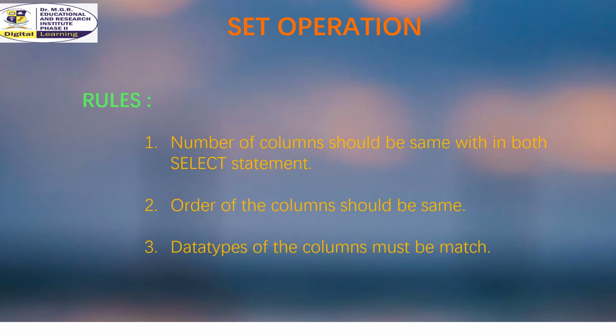While using the set operation, the number of columns should be the same in both tables, that is table 1 and table 2. Then rule number 2, order of the columns should be the same. That means both the tables should have the same order of columns.